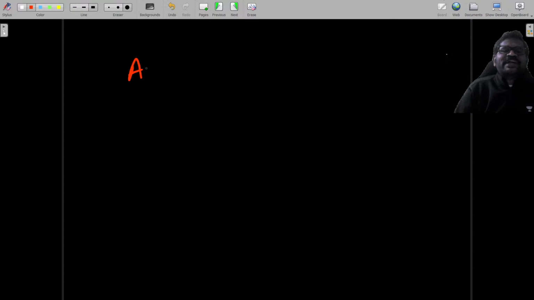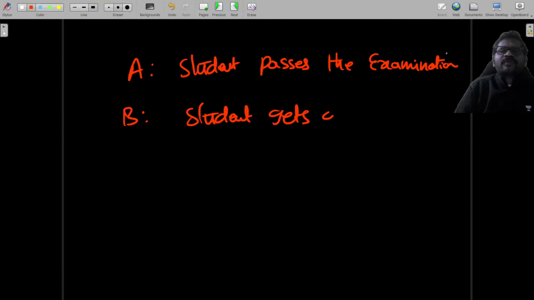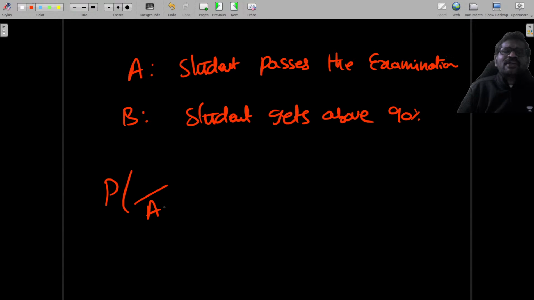Here, define event A as the student passes the examination. B be the event that the student gets above 90%. Now we have to find out, if the student passes the examination, what is the chance that the student gets above 90%?